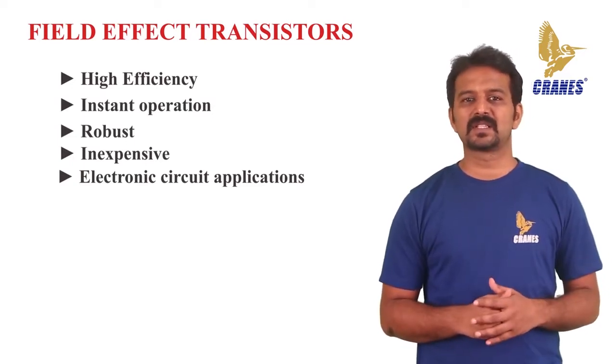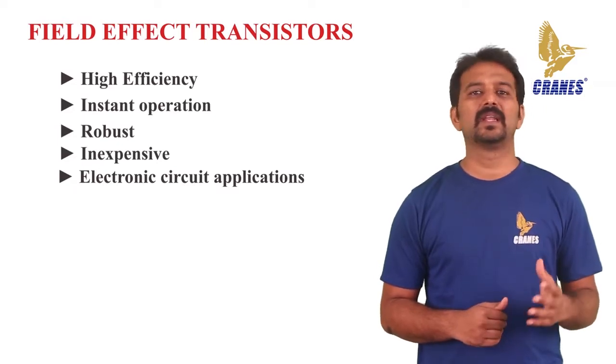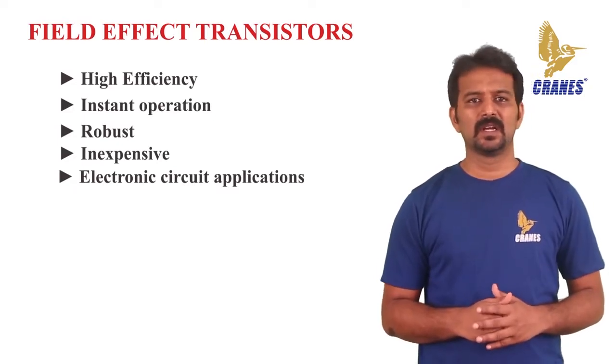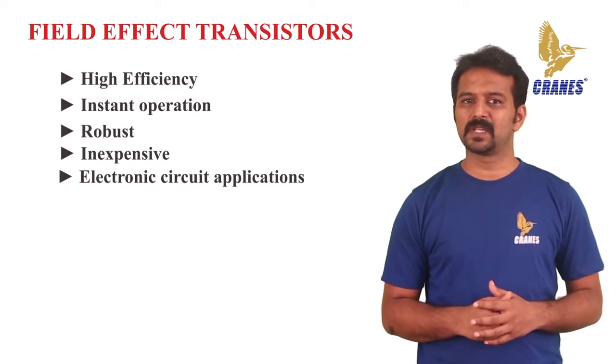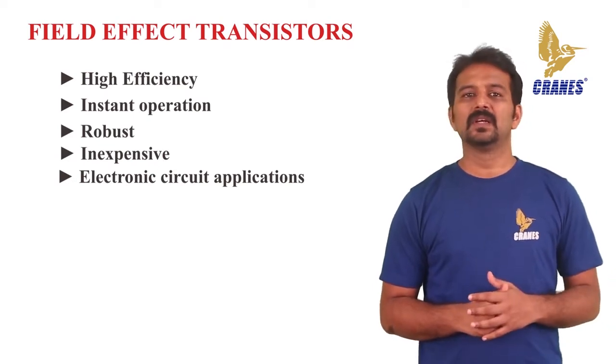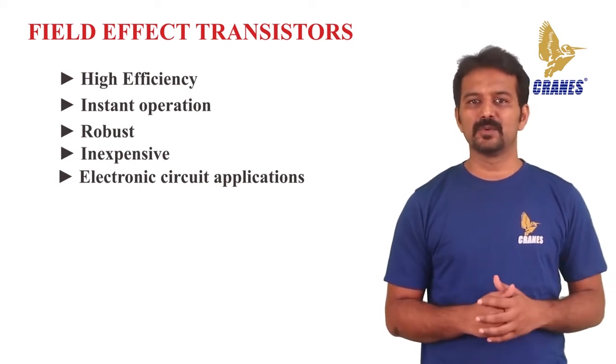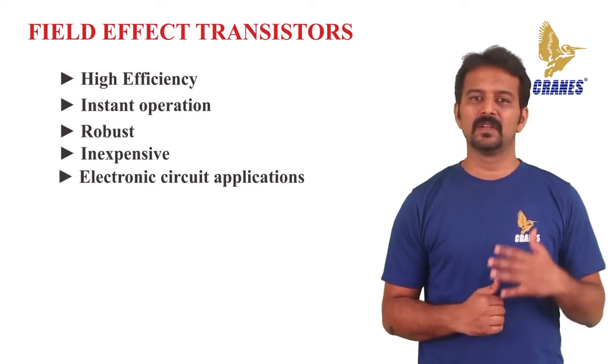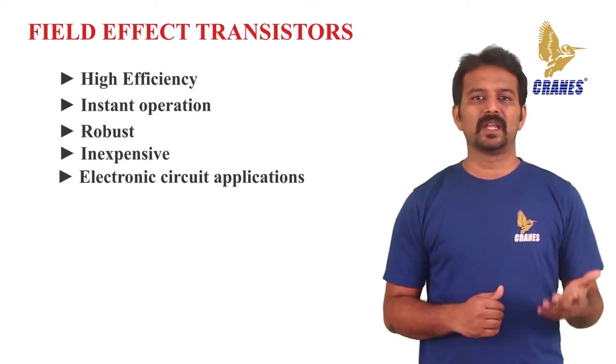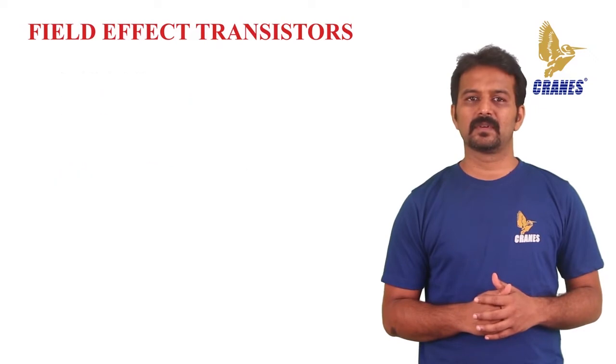Field effect transistors can be made much smaller than an equivalent BJT, and along with their low power consumption and low power dissipation, this makes them ideal for use in integrated circuits such as CMOS and the range of digital logic chips.